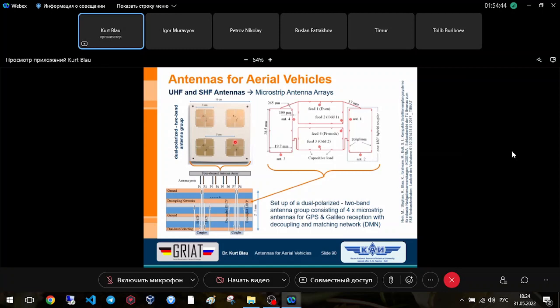This is the array consisting of these 4 elements, and each element is fed by this network, which feeds the single elements. Let's start here with 1. Here it's antenna 1. This goes to antenna 1, and this goes to antenna 3, antenna 1, antenna 2, antenna 3, and here's antenna 4.